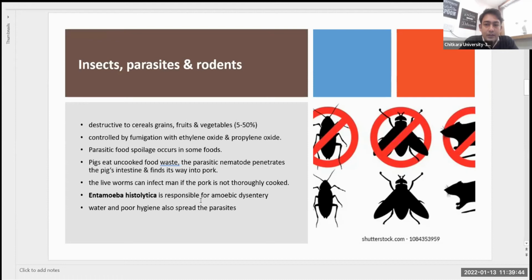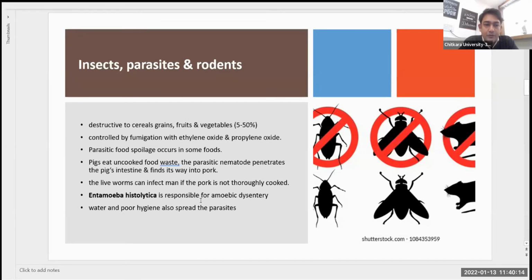These are very crucial factors, and they can be avoided by spraying various kinds of insecticides in the fields. It is destructive to cereals, grains, fruits, and vegetables, and studies have found that around 5 to 50% of the crops are affected by these insects.